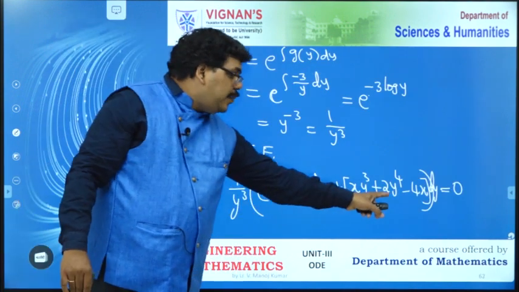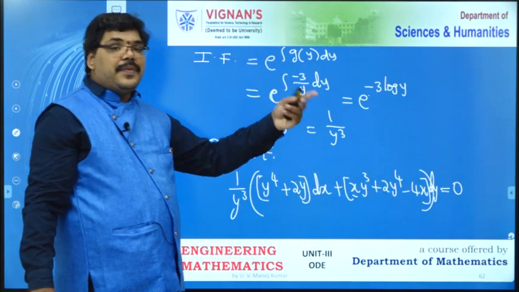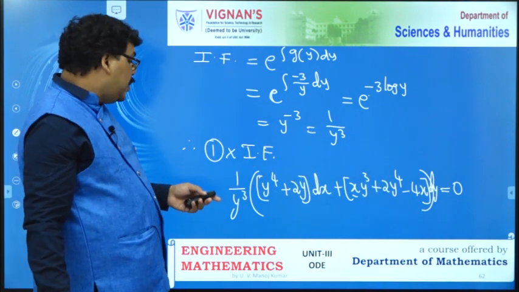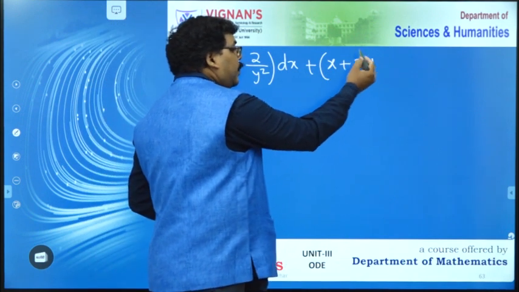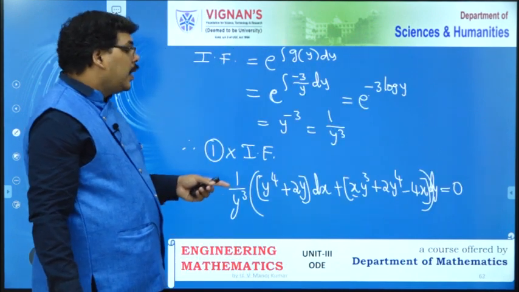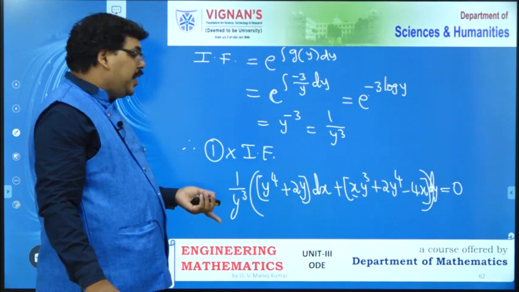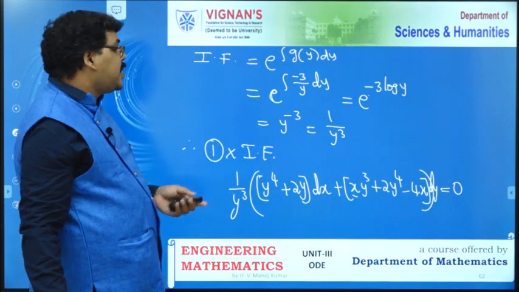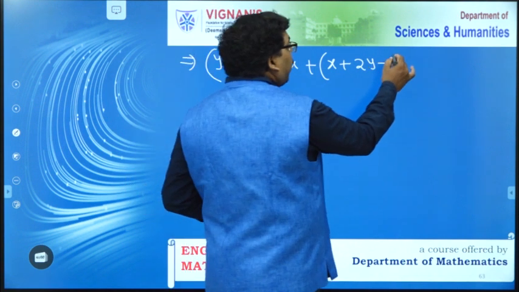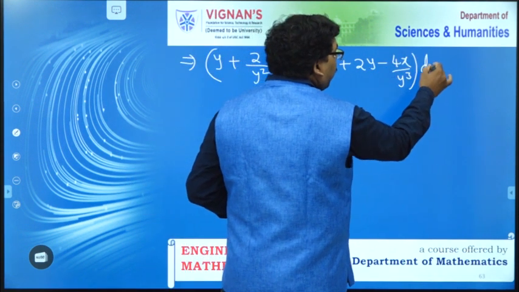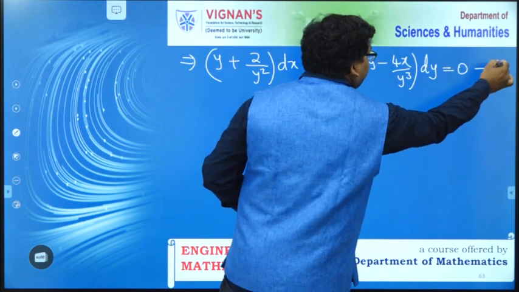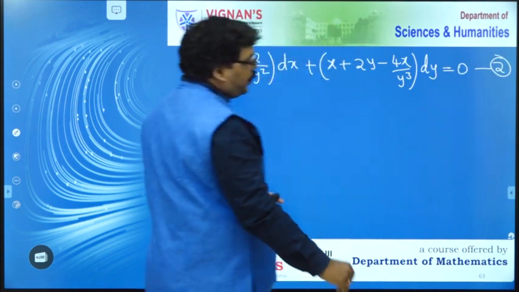Then 1 by y cube into the second term, 2y power 4, numerator y power 4, denominator y cube. So what will I get? 2y. Minus 4x by y cube, nothing to cancel, so write as it is, minus 4x by y cube. This is my equation number 2.